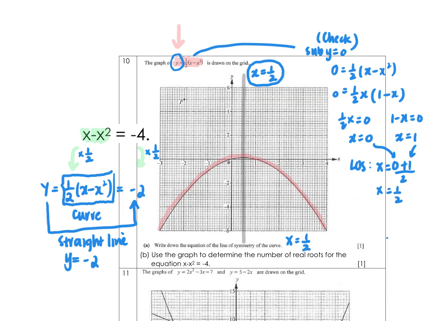So how does the line look like? Like this or like this? Like this, right? Horizontal line. So go and draw the line y equals to -2 here. Once you draw the line, the two intersections will be where your solutions are.